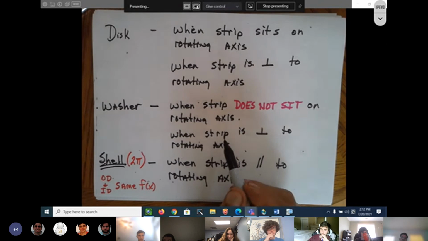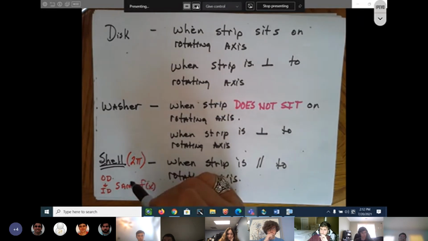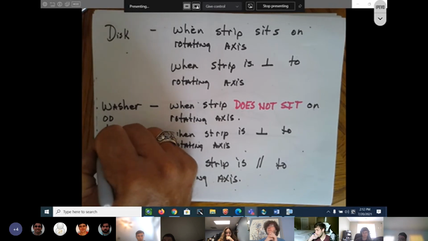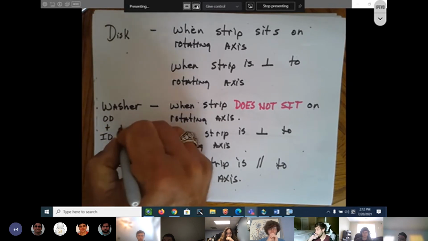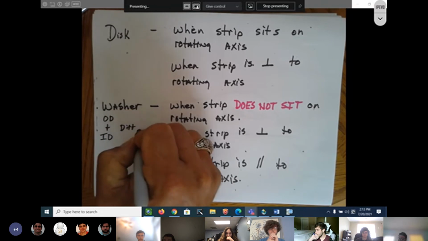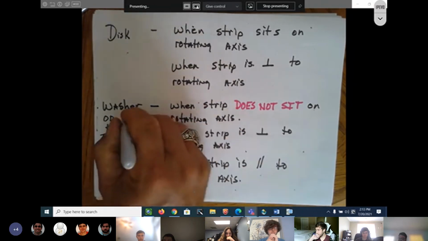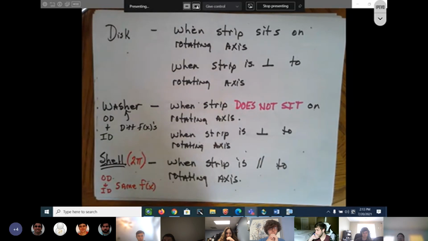If the outside diameter and the inside diameter are on the same function, usually it's the opposite. Usually the outside diameter and the inside diameter are on different functions. And if they're on different functions, then it's a washer. But if you have the inside and outside diameter on the same function, that is usually an indicator you're going to use a shell.